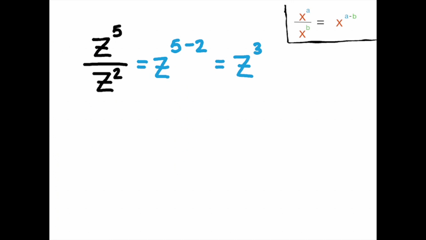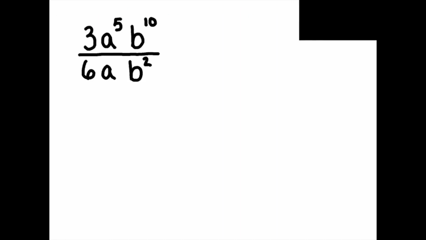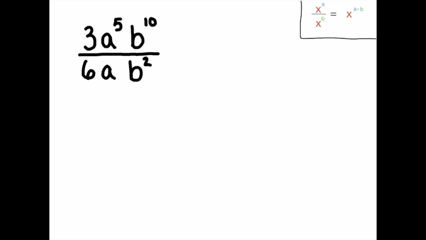All right, let's do a bigger example. Again, I've written out my formula over here in the right-hand corner. That's going to make it easier for me to find what I need. And then my formula says when I have the same base, I can subtract those exponents. So I'm going to look for things with the same base. I see a base of a on the top and a base of a on the bottom.